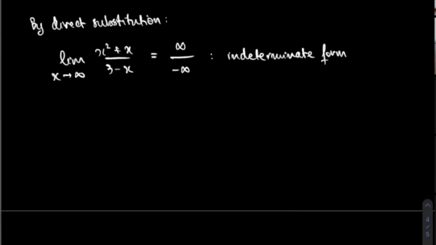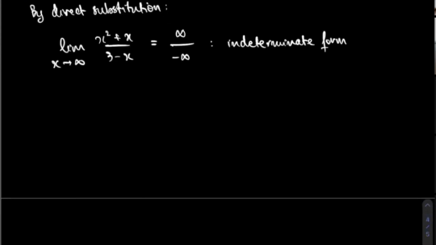Okay, so when you have an indeterminate form and x goes to infinity like this, you take the highest power in the numerator and the denominator and then simplify it as much as you can. So from the original limit, you have the limit as x goes to positive infinity. x squared is the common factor, and you're left with 1 plus 1 over x.